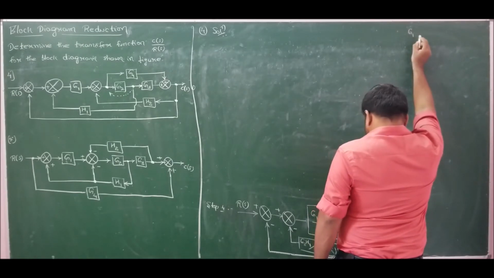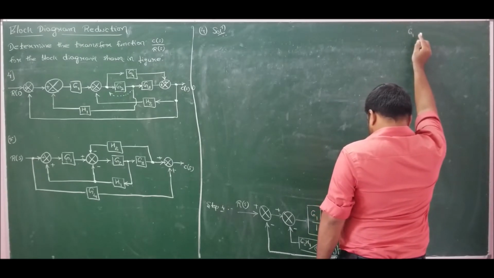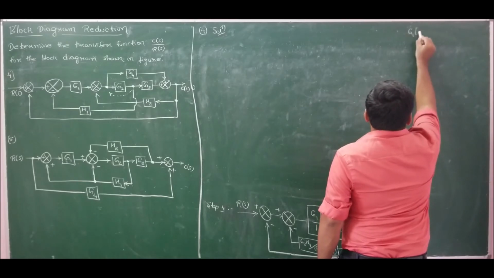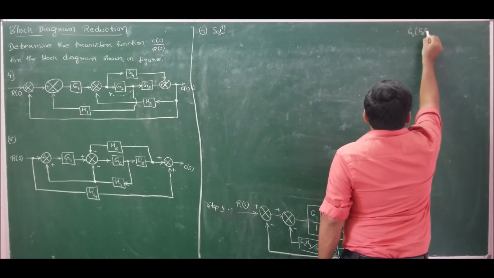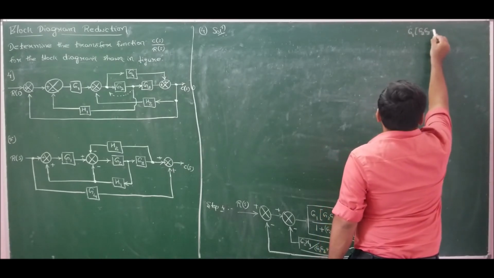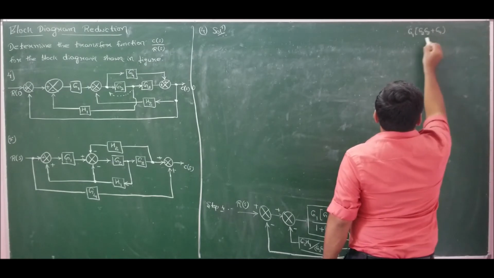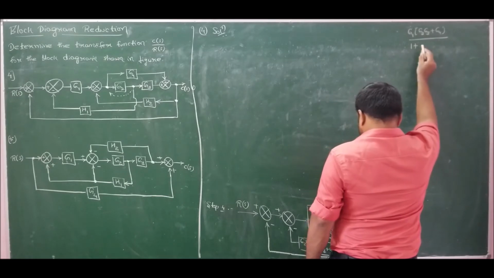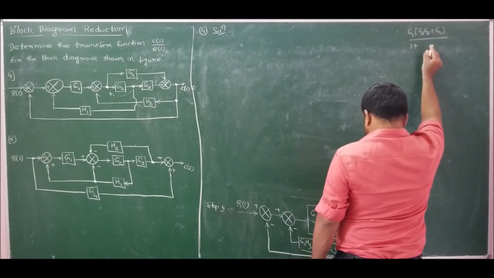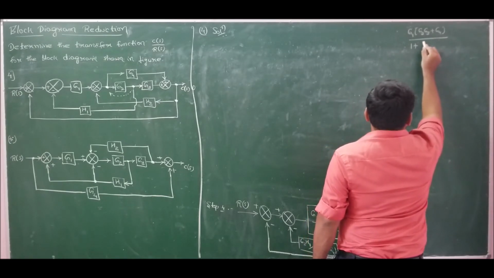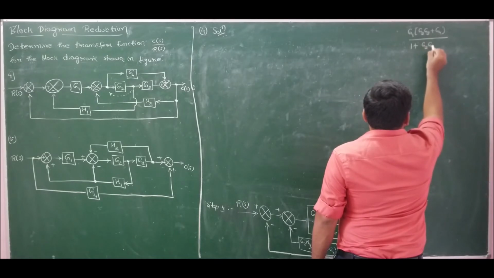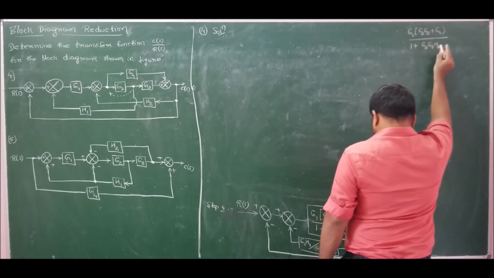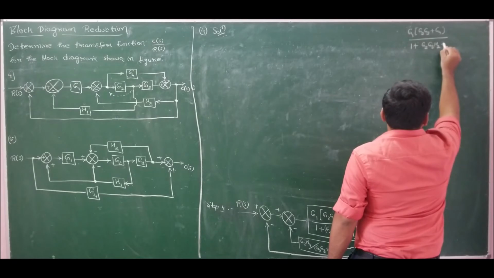We have G1 of G2 G3 plus G4, G of S divided by 1 plus G2 G3 H2 plus G4 H2.